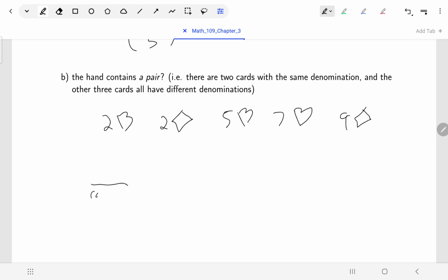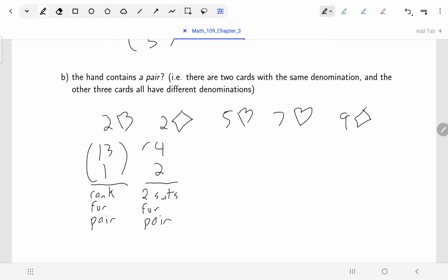Is it going to be hearts and diamonds? Is it going to be clubs and spades? What is it going to be? So for the pair of 2s, I now need to choose 2 suits, out of the 4 suits, clubs, diamonds, hearts, and spades.